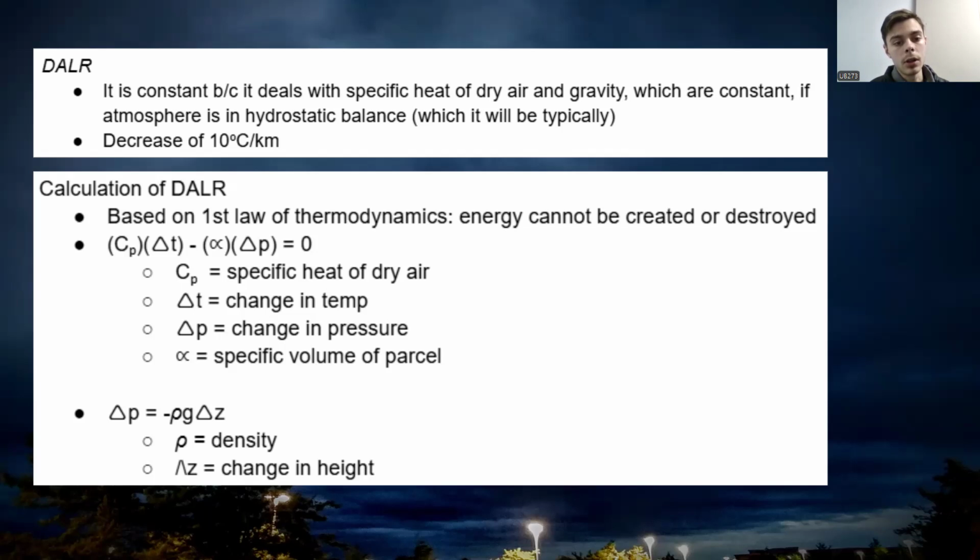That's basically saying that energy is not created or destroyed. Then the change in pressure is going to be negative density times gravity times change in height. And that makes sense because we know that those things have a relationship to each other.